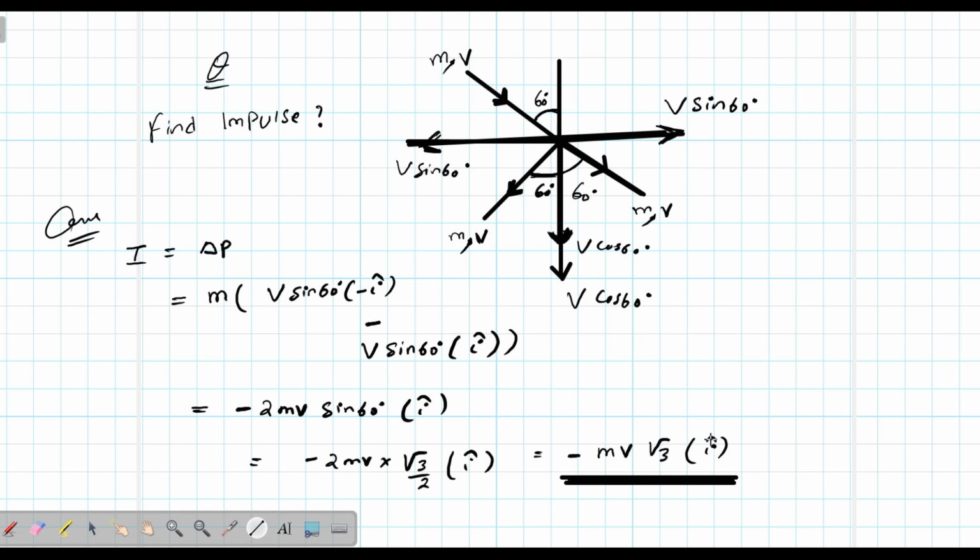That is the impulse. So that is the formula for impulse.